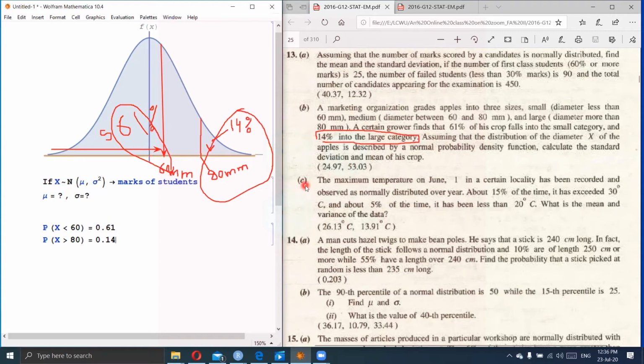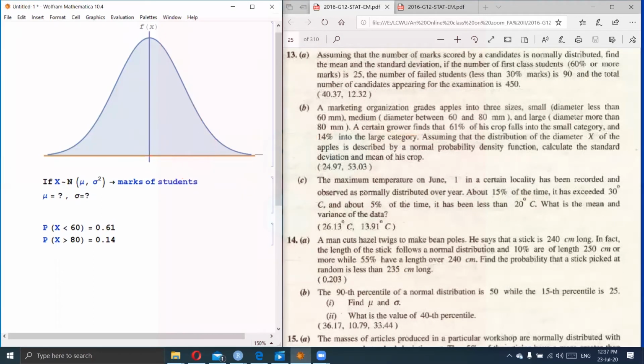And the C part of this question, the maximum temperature on June 1st in a certain locality has been recorded and observed as normally distributed. So we will write here normally distributed. This is the first point to be noted. About 15% of the time it exceeded 30 centigrade.